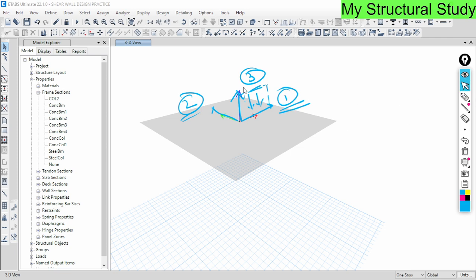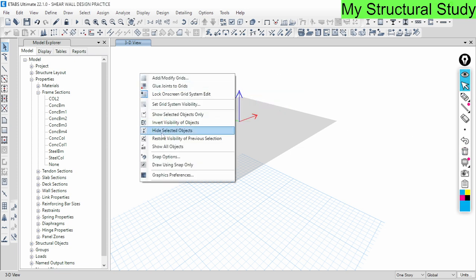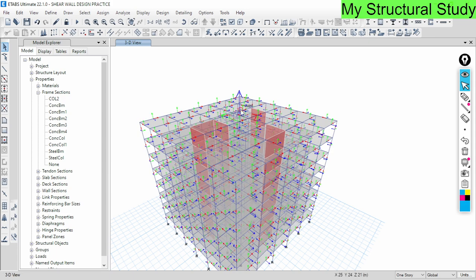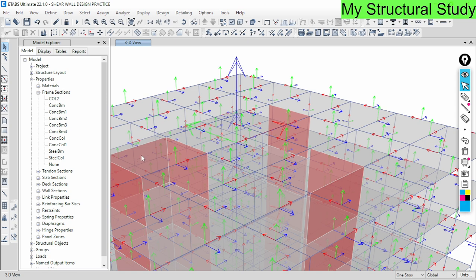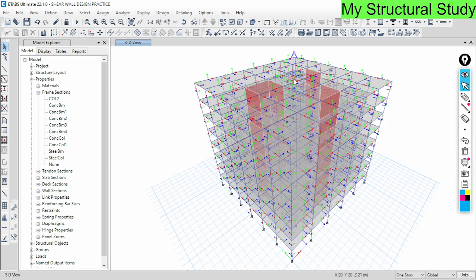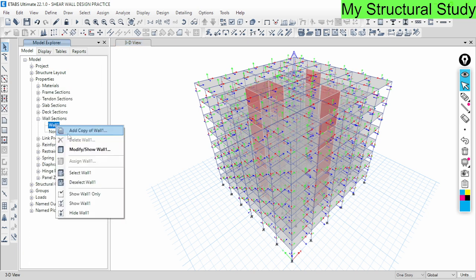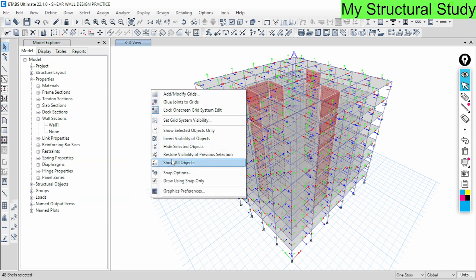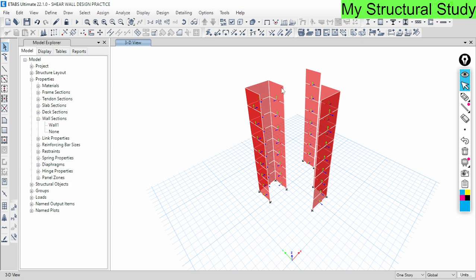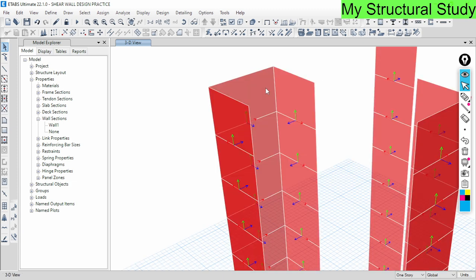Now for shear wall, if we select the shear wall, this is the axis system of shear wall, local axis system.